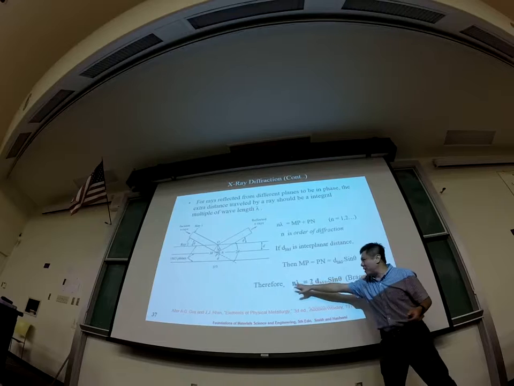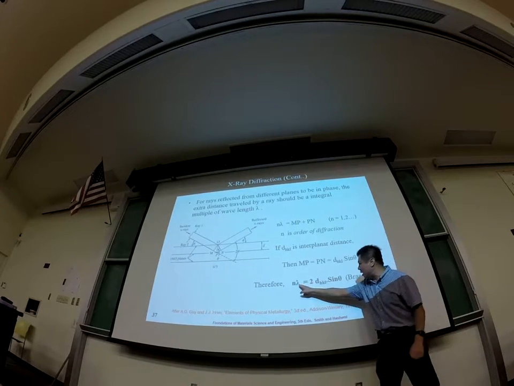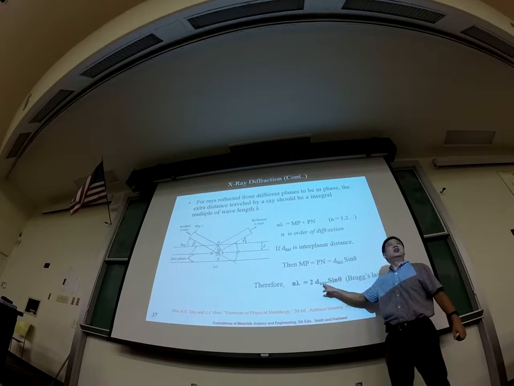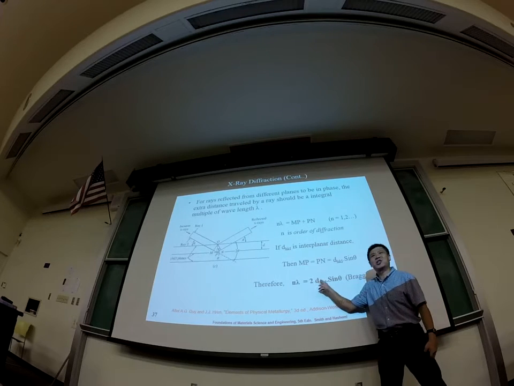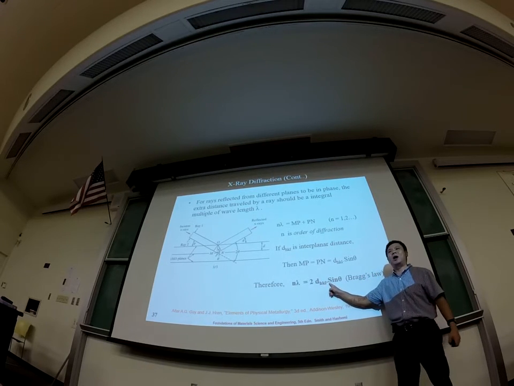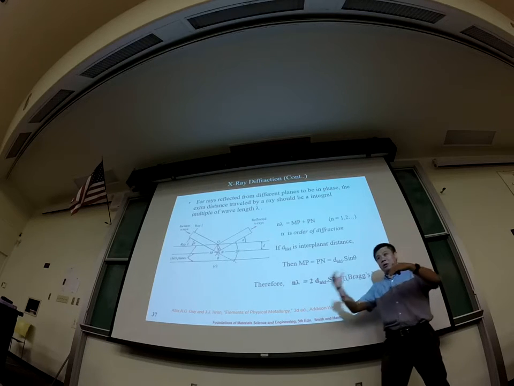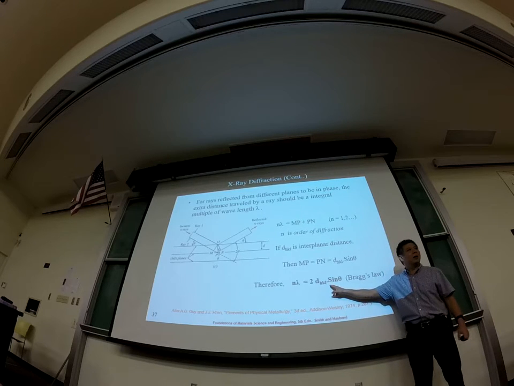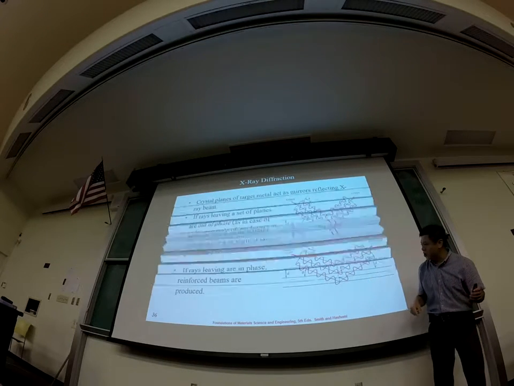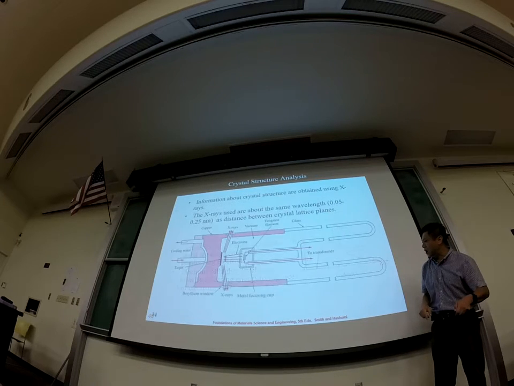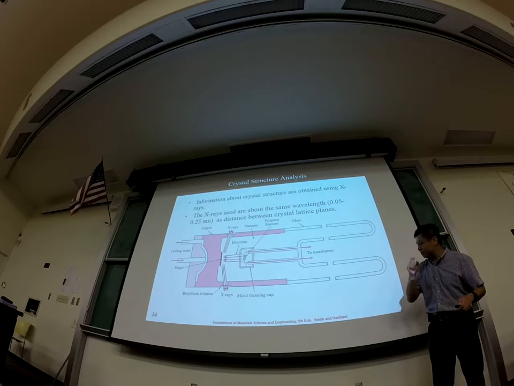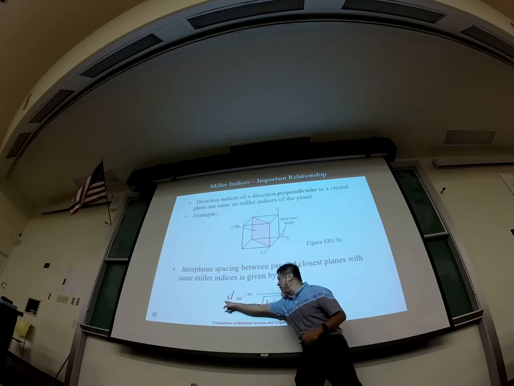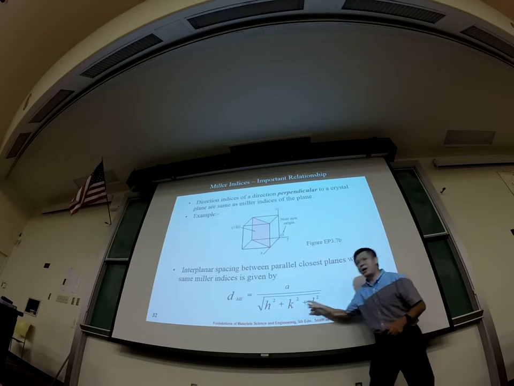So if we know lambda and, for example, theta, we can easily determine dHKL. Once we know dHKL, because HKL are related to the Miller indices, right, if you remember the equation I showed you before, and you know the HKL numbers, then what can we determine?